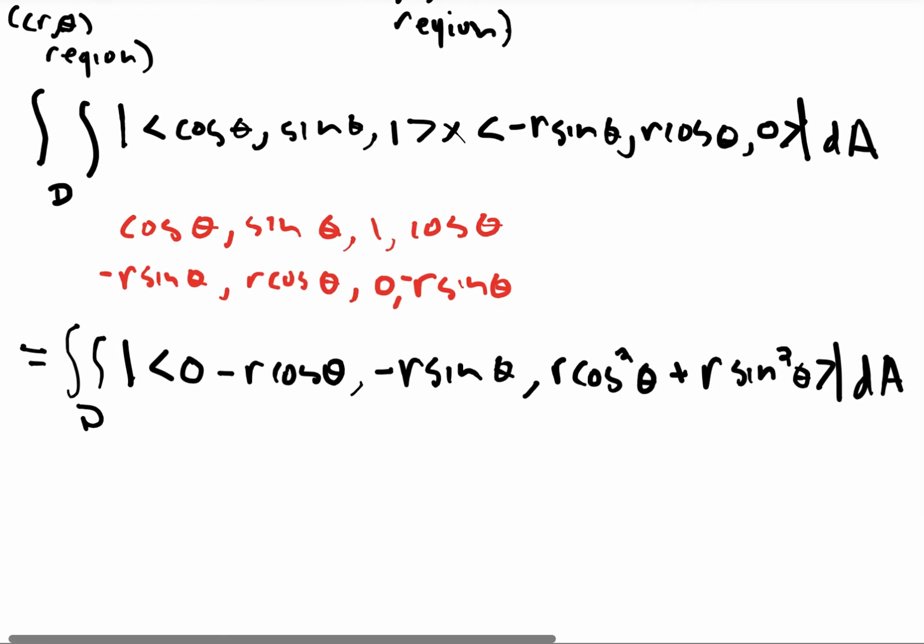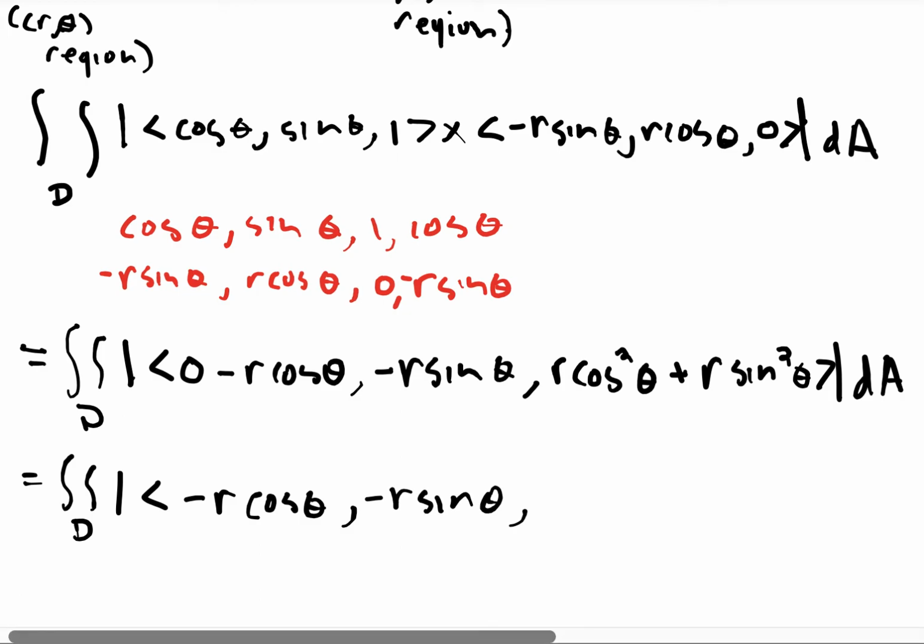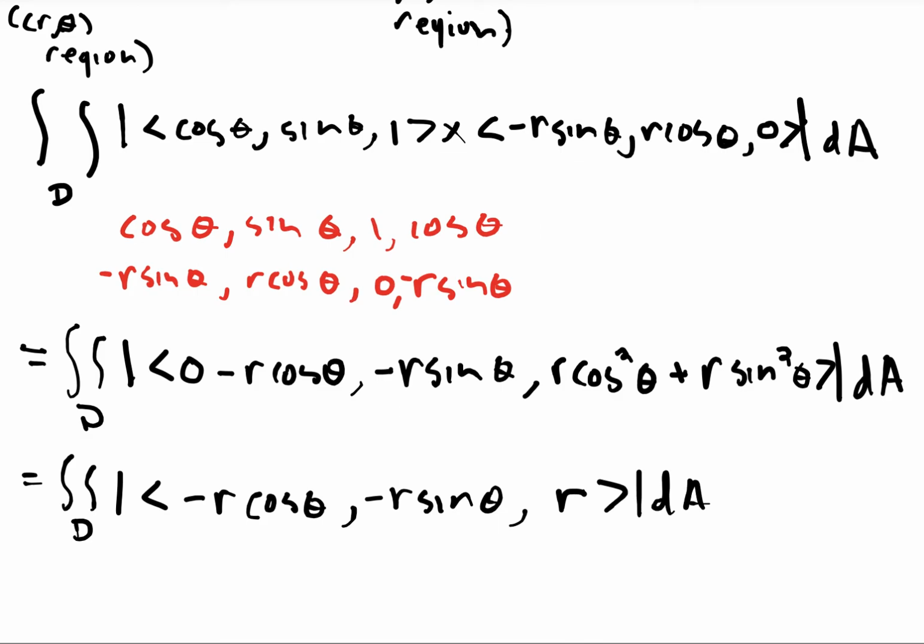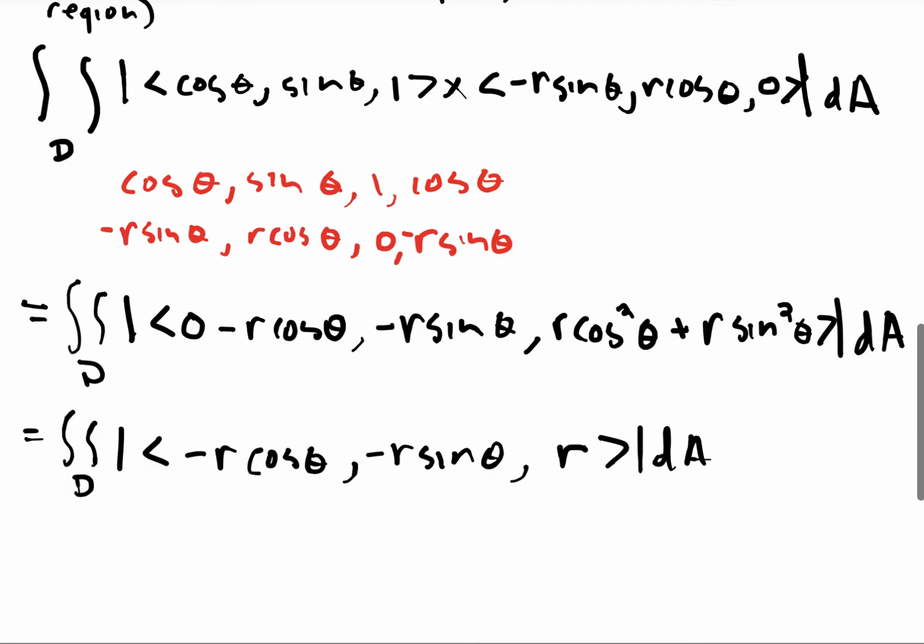Which, if I want to clean that up into something that I'll need to take the magnitude of in a moment, I don't need to write the pesky 0 again. And another observation that I can make is if you factor an r out of this end component, cosine squared plus sine squared is 1. So really you may as well just think of that as having an r there. Okay, so at this point, we've got the cross product taken care of.